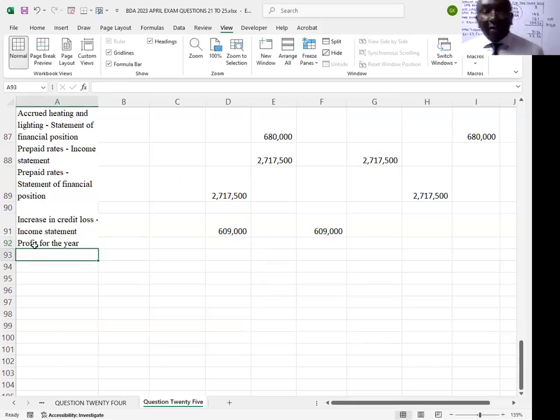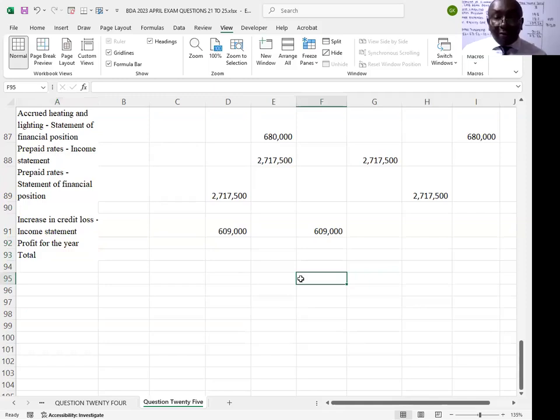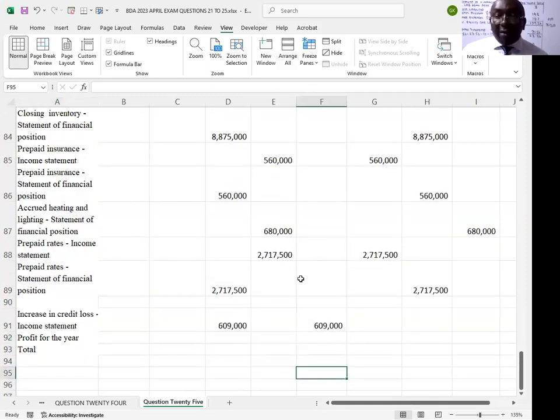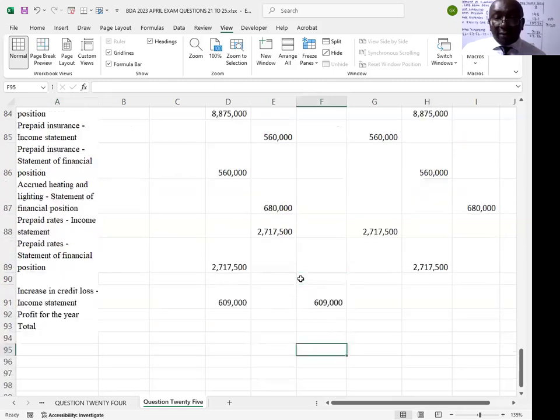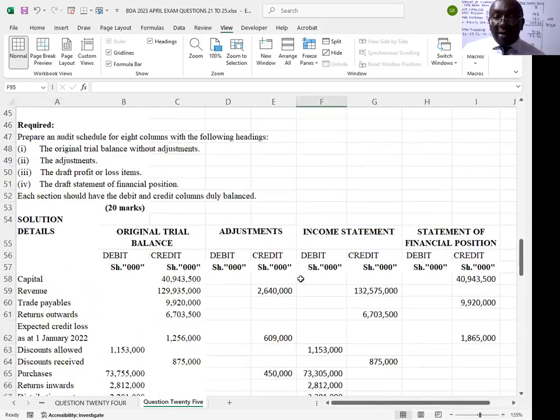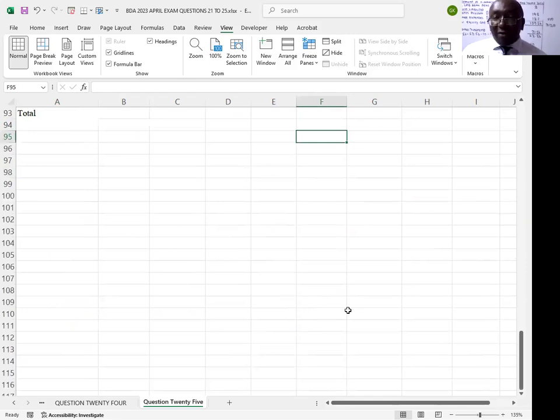Profit for the year. So that after that we shall have the totals. Maybe what we need to do first is come here to the income statement, this one. We get the totals of the two sides, so that we know whether there is a profit or loss.